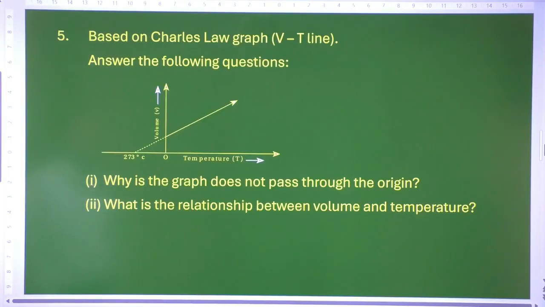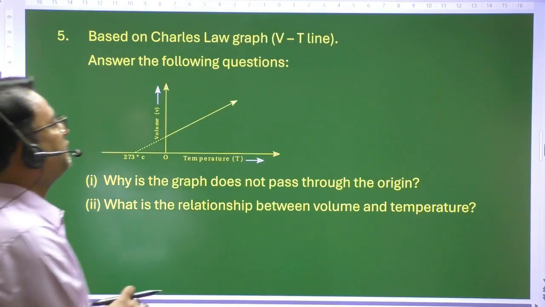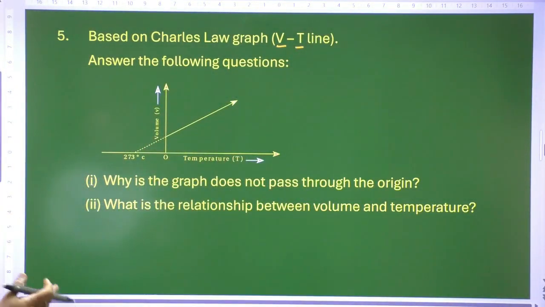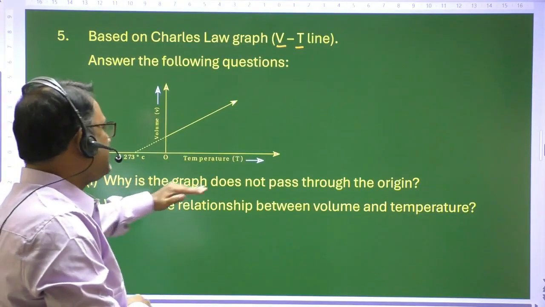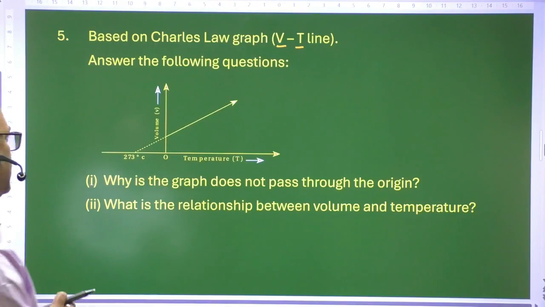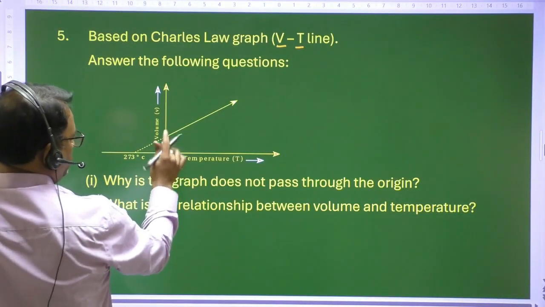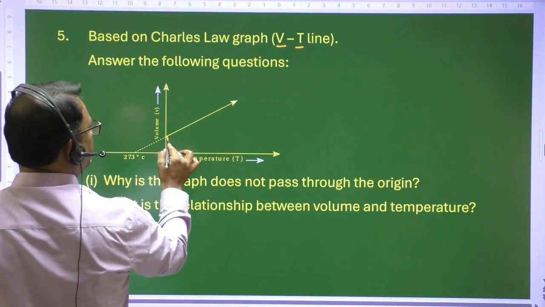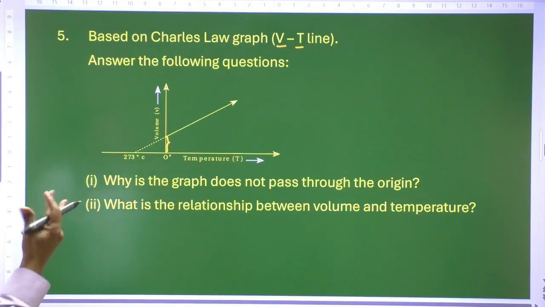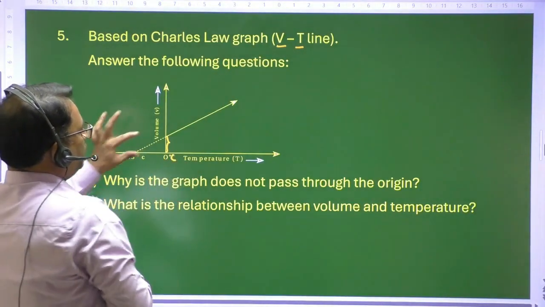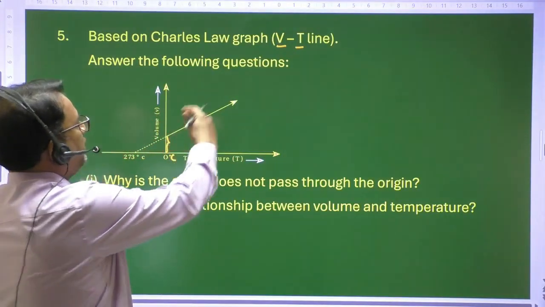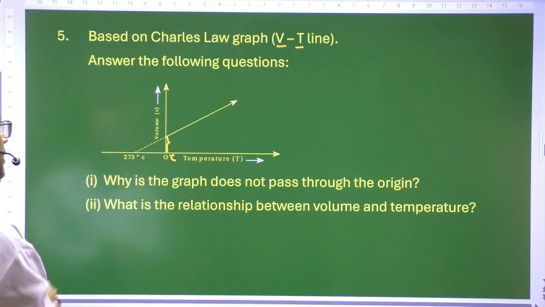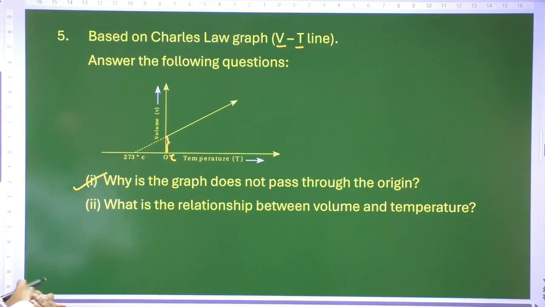Based on Charles' law, what is the relationship between the volume and the temperature when the mass of the gas is constant? Why does the graph not pass through the origin? At 0 degree centigrade we have some volume value. If the volume were 0, the curve would pass through the origin, but in our case the volume is not 0, that's why it is not passing through the origin.